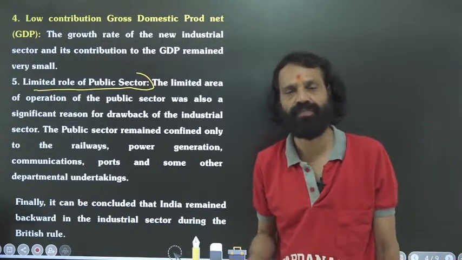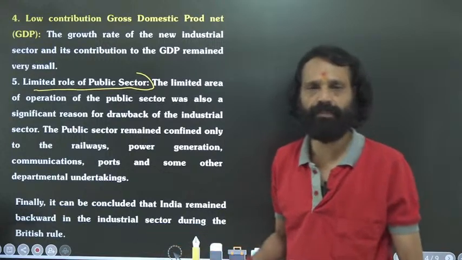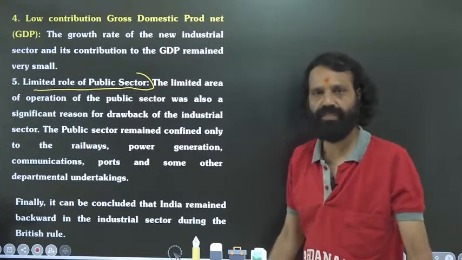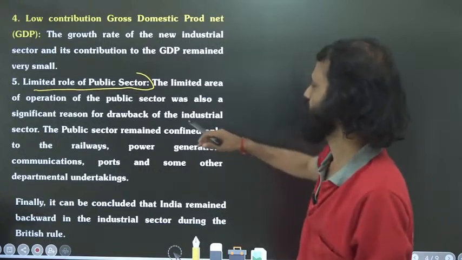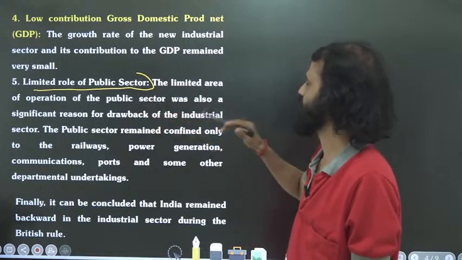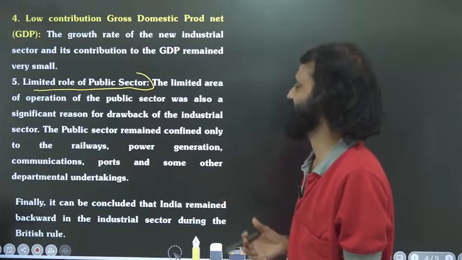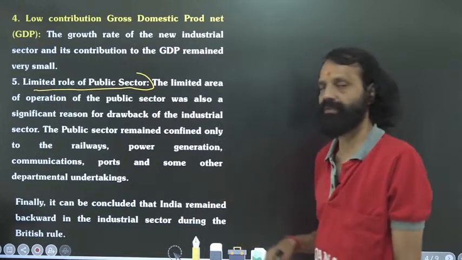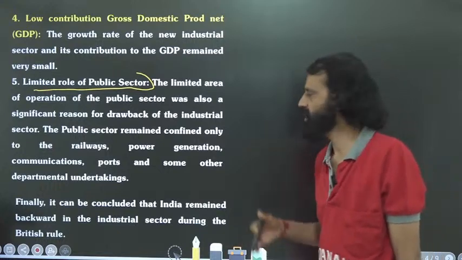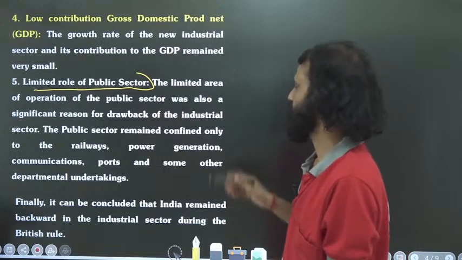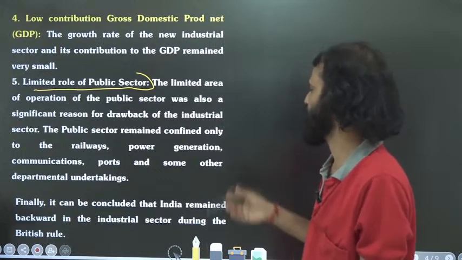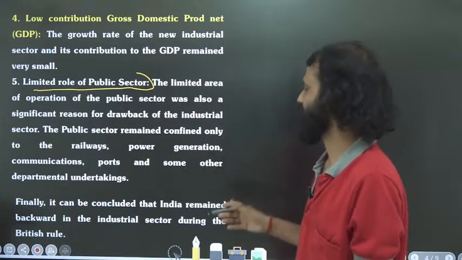Indian Railways is there, BHEL is there, NTPC is there, and many Indian airlines are there. All those are the public sector. At that time, the involvement of public sector was very less. That also was the reason for the decline of the industrial sector in India. The public sector remained confined only to the railways, power generation, communication, ports and some other departmental undertakings.